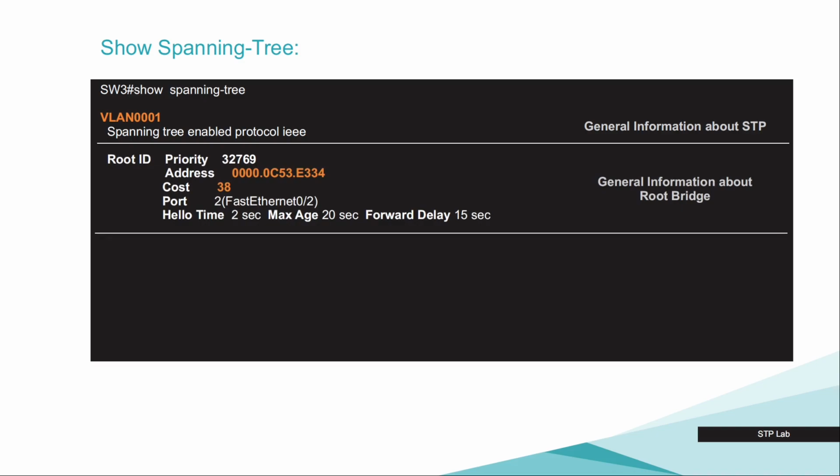Next, we have general information about the root bridge. So we have the priority, the MAC address of the root bridge, the path cost to reach the root bridge, which port we are using in order to reach the root bridge, the hello time, max age time, and the forward delay time.